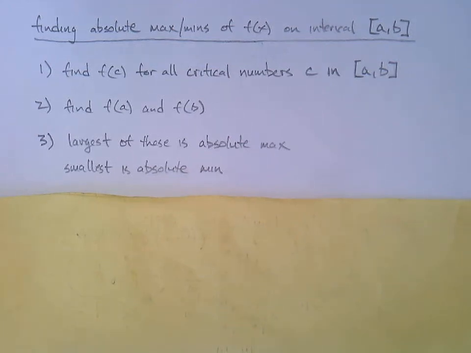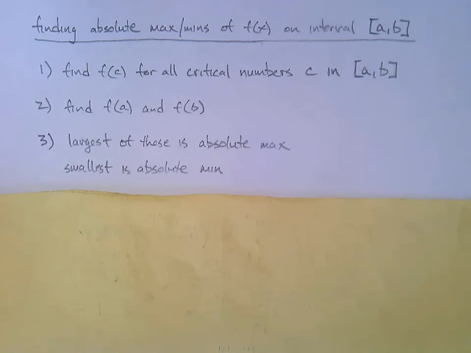To conclude this section, we come back to absolute maxes and mins and how to find them. So let's take a look here to find the absolute max or min of f of x on the interval a to b. One thing to notice here, when it comes to an absolute max or min, a typical function will shoot off to infinity one way or the other.